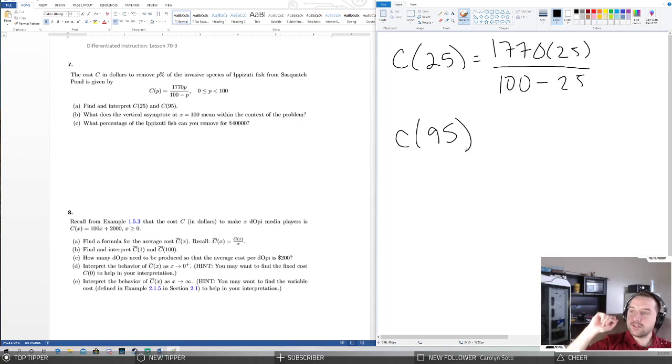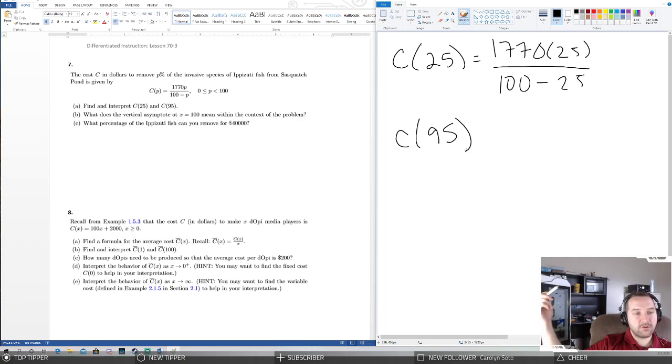So what does the vertical asymptote at x equals 100 mean in the context of the problem? Well, if we're talking about percentage of the fish, if my value P is 100, that's 100% of the fish.